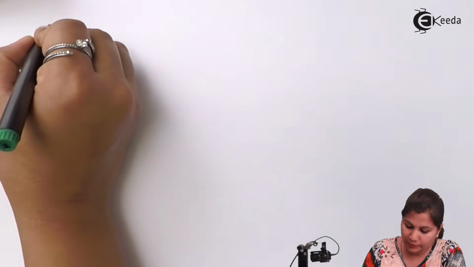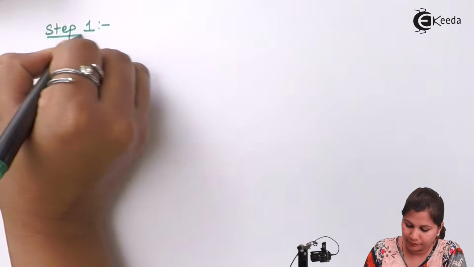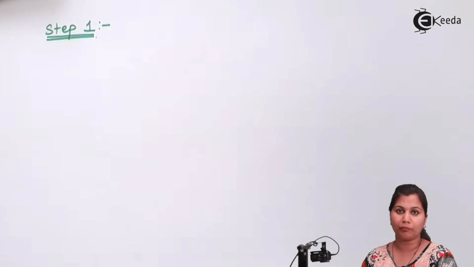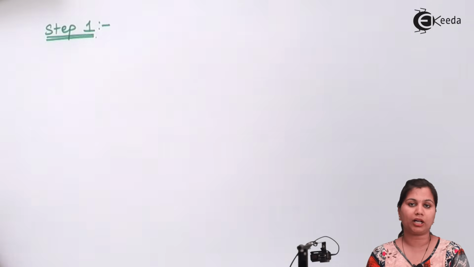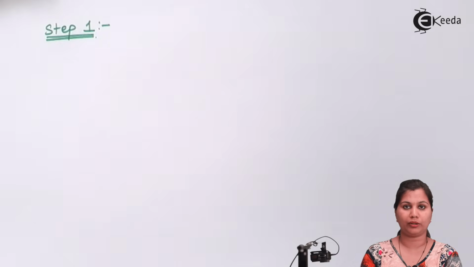Now let's study these steps in detail, that what you have to perform in all these steps with the help of one example also. So in step number 1, what we do, we define the problem which we want to solve. Now in this step, what are the things which we will do? We will first define that from where we are getting the input. Okay.